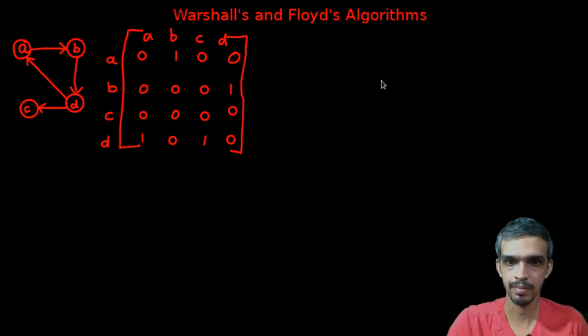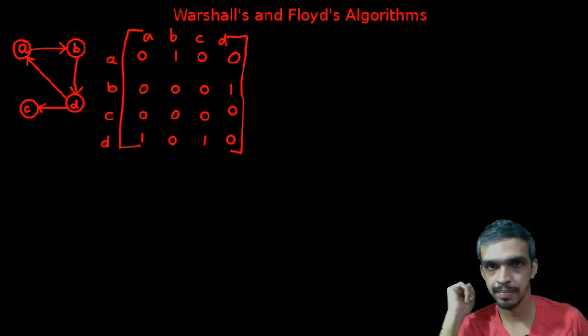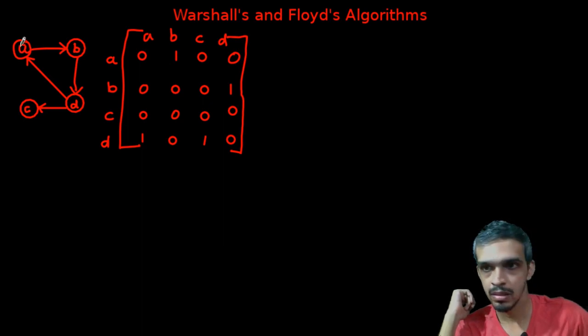For example, if you take this figure, there is a connection from A to B. So, the element at AB is given as 1. There is a path from A to D which passes through B, but you can see that A to D is 0.